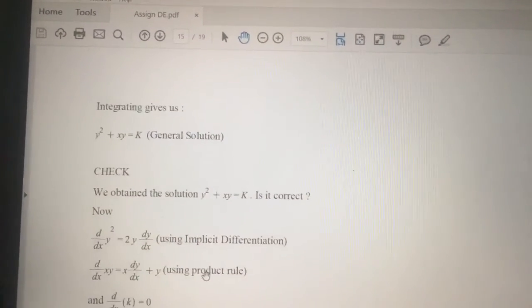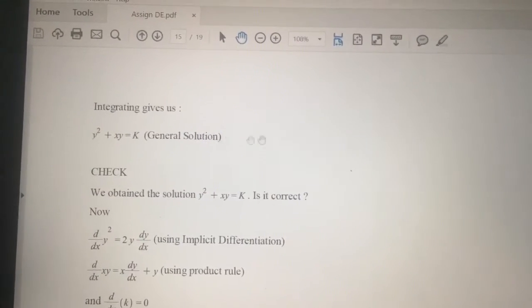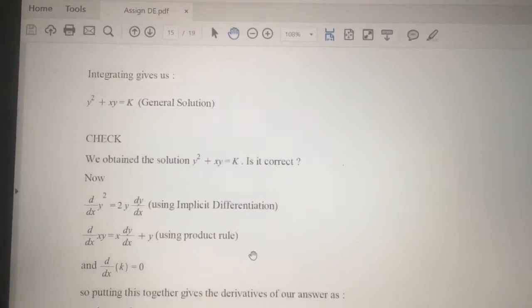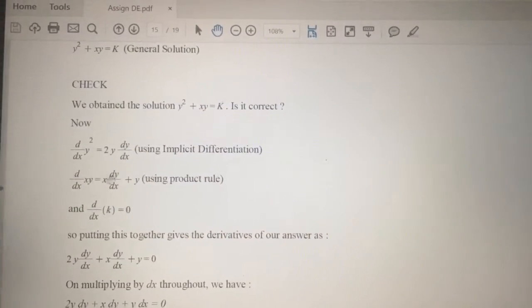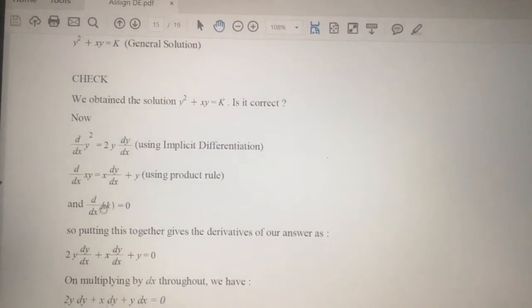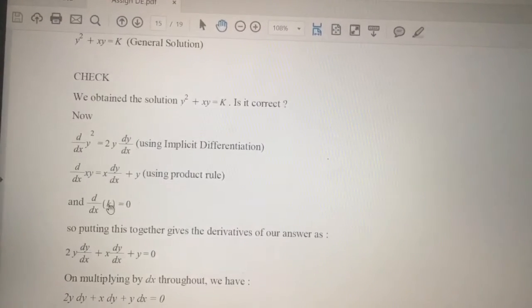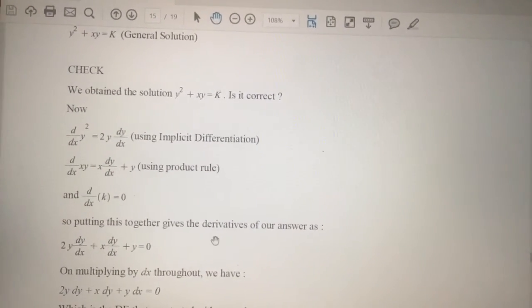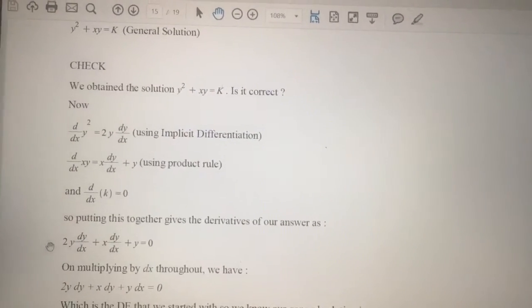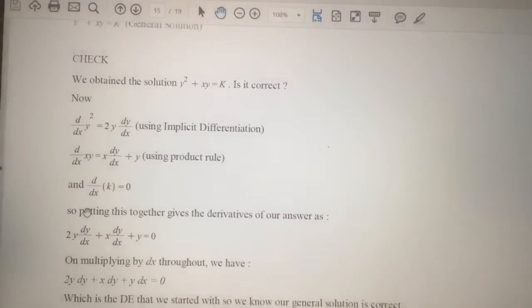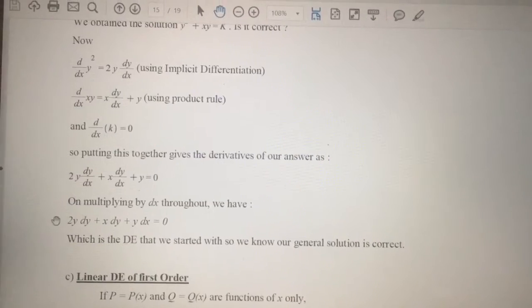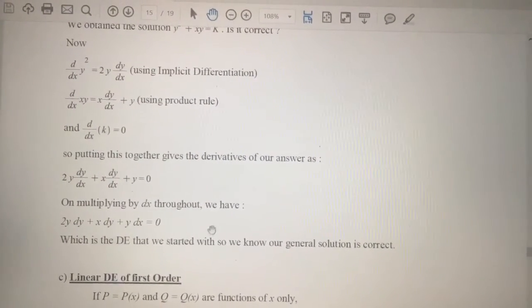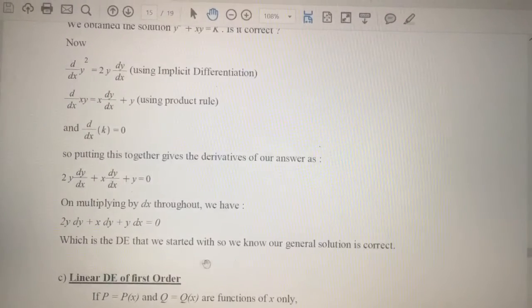To check whether the general solution is correct or not, we use implicit differentiation and the product rule, d/dx, multiplied by k is equal to 0. So putting this together gives the derivative of our answer as this. On multiplying by dx, we will have this, our new equation with the DE that we started with.